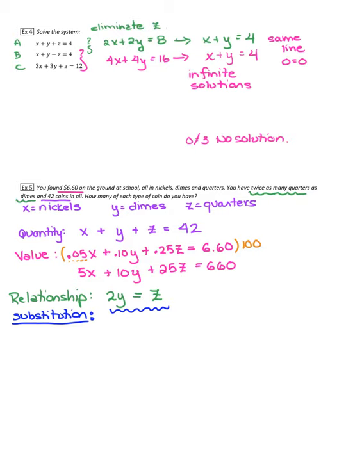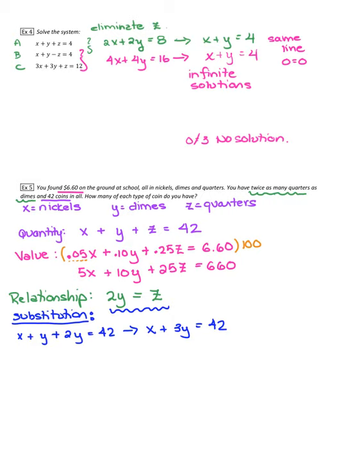So for the quantity, I have x plus y instead of z, I'm going to write 2y. That equals 42. So we can simplify that to x plus 3y equals 42.